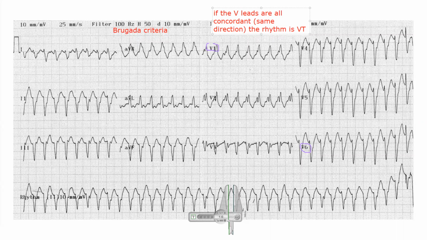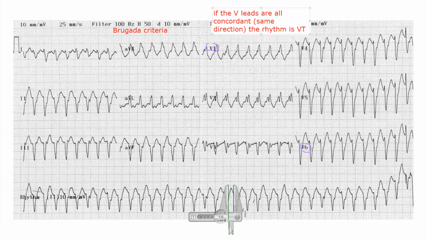Okay. So recap. If you have a wide complex tachycardia, don't assume that it's ventricular tachycardia right away. What do you have to do? We have learned today that when you have a wide complex tachycardia, you must do a 12-lead ECG. Why? We want to see the V leads if there's concordance.